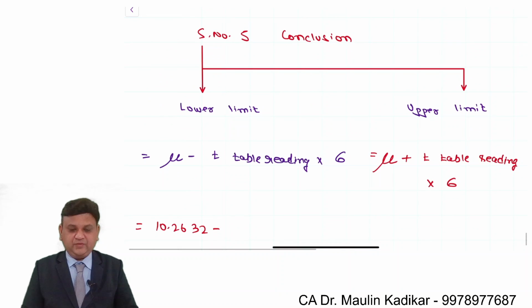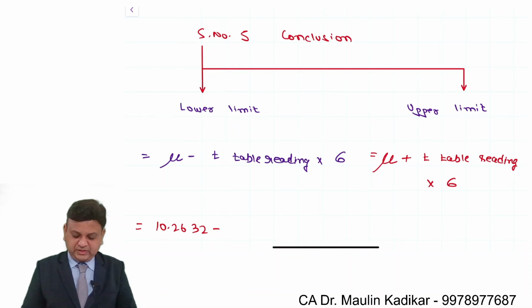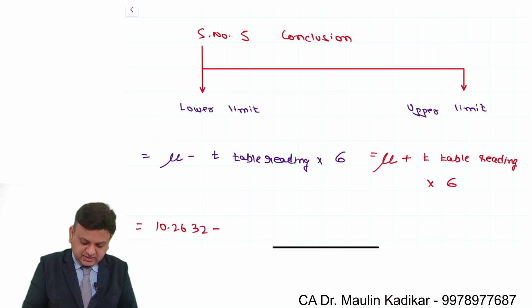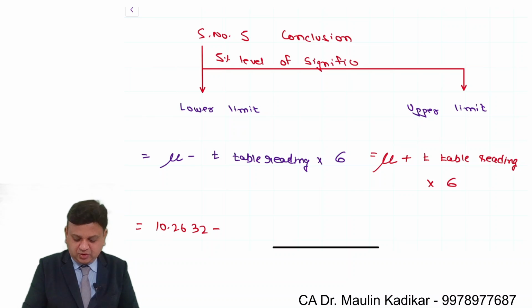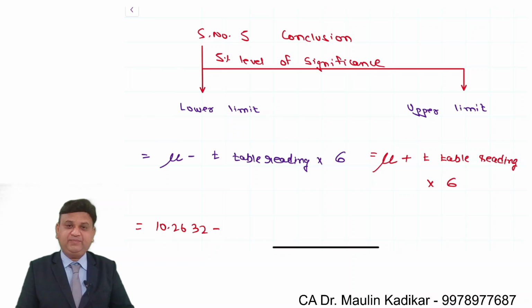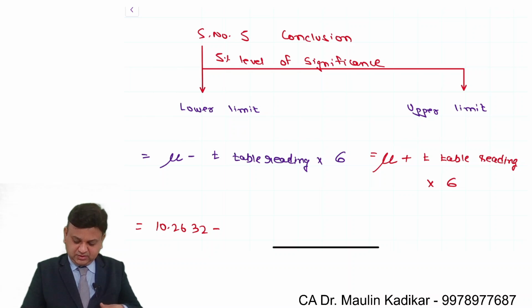Friends, we have to draw the conclusion for two times, so I am writing in the heading 5% level of significance. It means that whatever conclusion we draw over here has 5% chances of mistake.